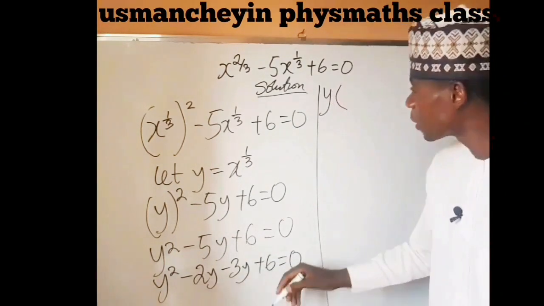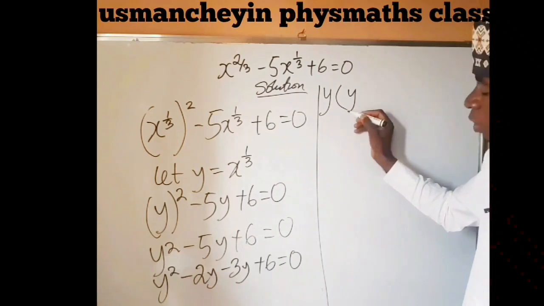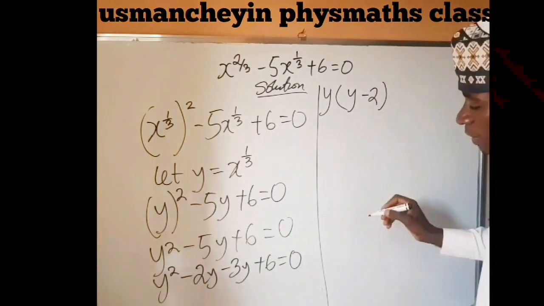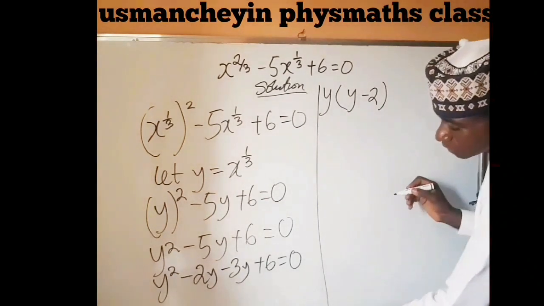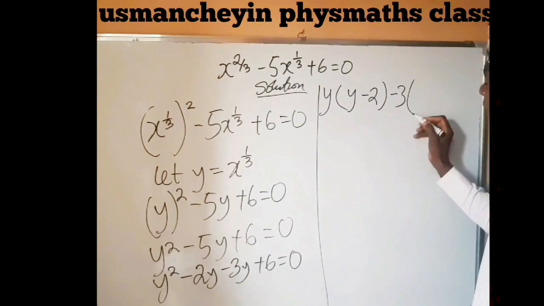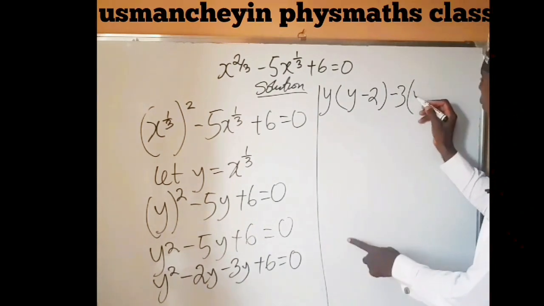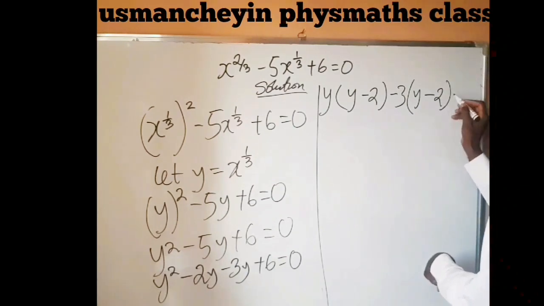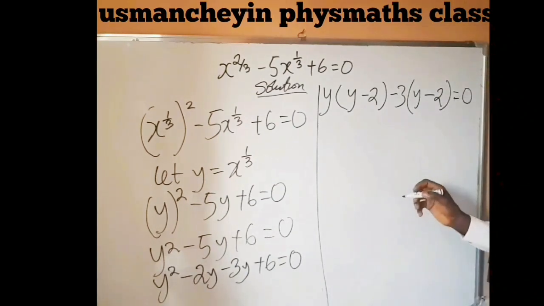We have y here, we have y here. So we'll be left with y minus 2, close the bracket. In this second case, we factor out 3. So we have minus 3 into y minus 2, close our bracket, equals 0.